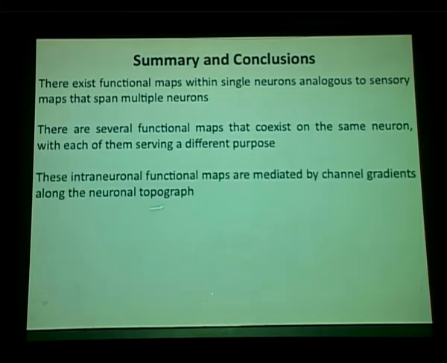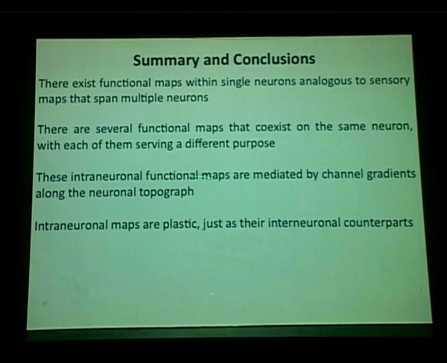These intraneuronal functional maps are mediated by channel gradients along the neuronal topograph. Different channels have different gradients, and each of them or multiple of them mediate the same functional map. Intraneuronal maps are plastic, just as their interneuronal counterparts.